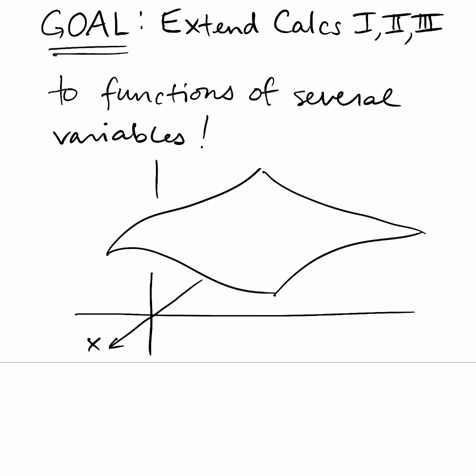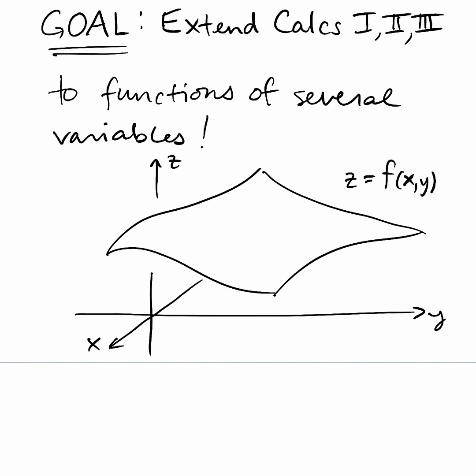So that's the x-axis coming out of the board towards you, y-axis going to the right, z-axis is up. It's no longer y equals f of x, now it's z equals f of x, y. So you got this flying carpet.